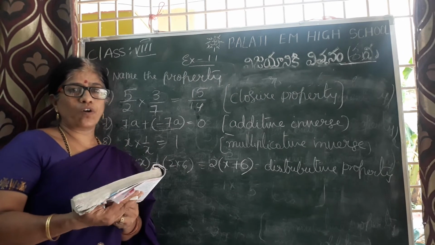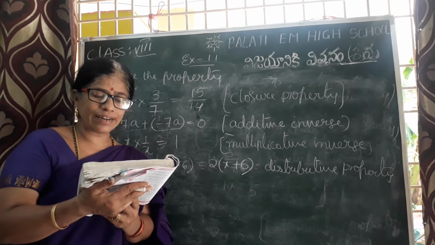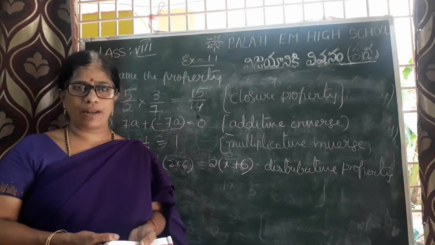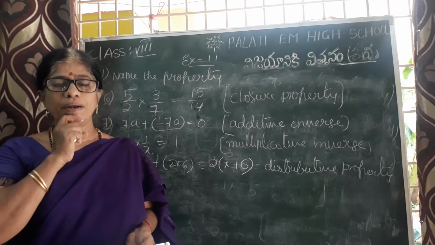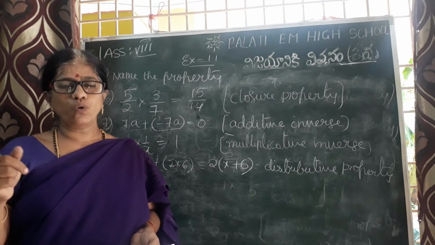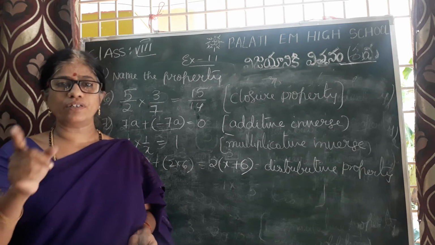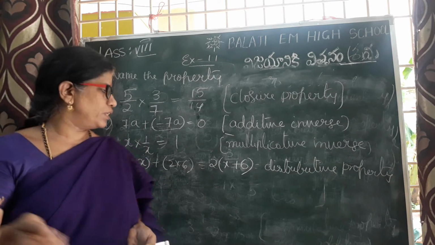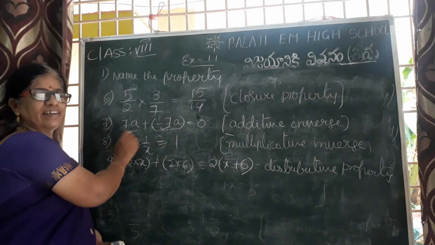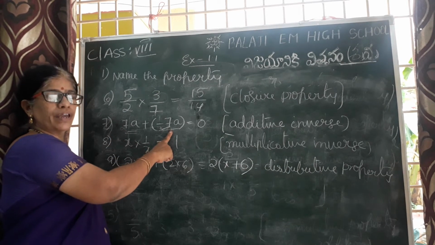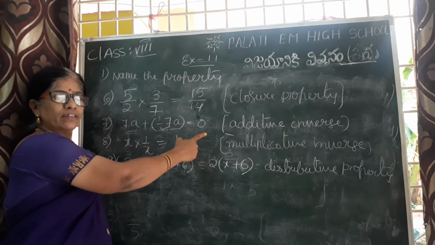Now, in the second Roman, you are given to write the additive inverse and multiplicative inverse. What is meant by the additive inverse? You add the additive inverse to the number. Here 7a is our rational number. Its additive inverse is minus 7a. You add these two to get 0.